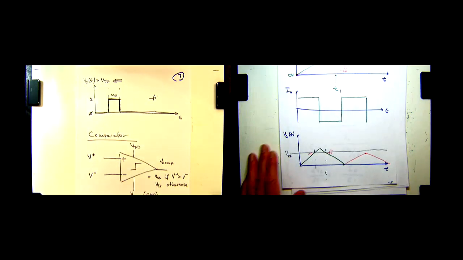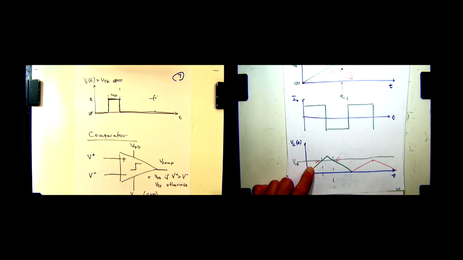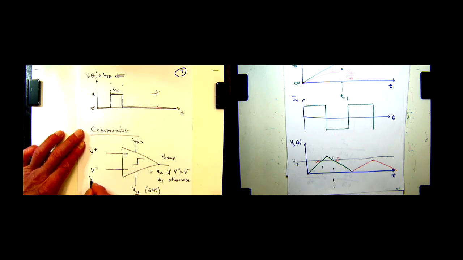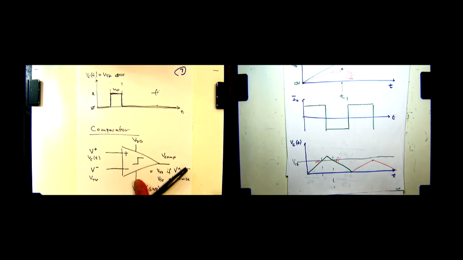V plus and V minus, well, in this circuit here, that would be VTH here, and this would be VC of T. Okay? So now you have 4 different voltages. Yeah, good question. Any more questions?